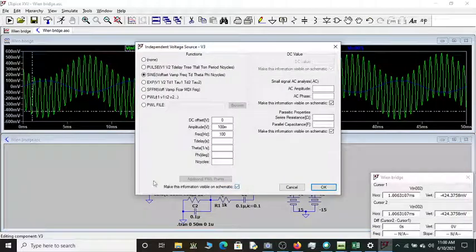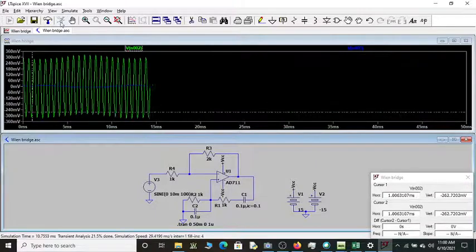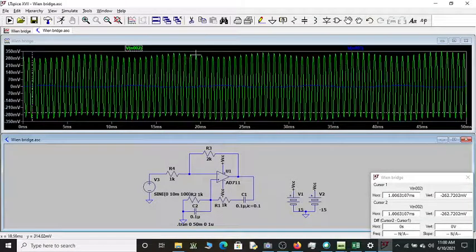Suppose I slightly reduce the amplitude to 10 millivolt and run. See now, are you actually getting the amplification of this? This output voltage is not the amplification of this 100 Hz signal. Instead you have the oscillations, which are decided by this RC.